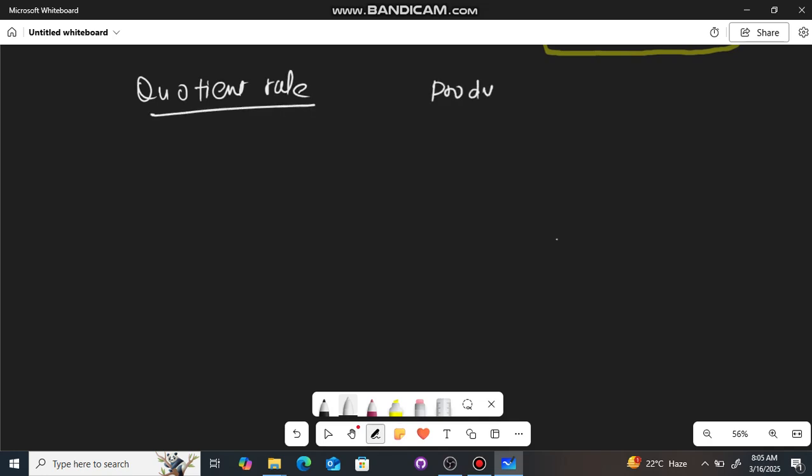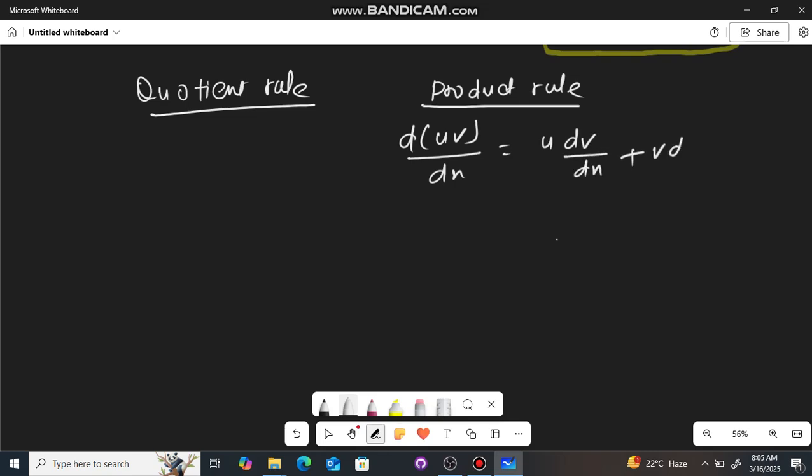So now we are understanding the quotient rule and the product rule. If a given expression is in the form of a product, in the form of multiples, then for the product rule we have the formula u dv by dx plus v du by dx.